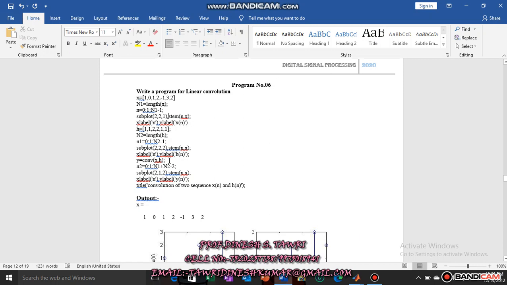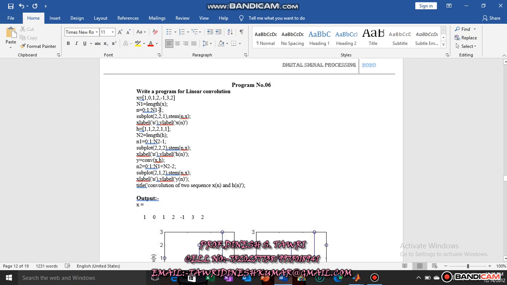Now we know that there is a reduction of two samples, so you have to write the next sequence for y: n2 equal to 0 colon 1 colon n1, this n1 from the first sequence, plus n2 from the second sequence.